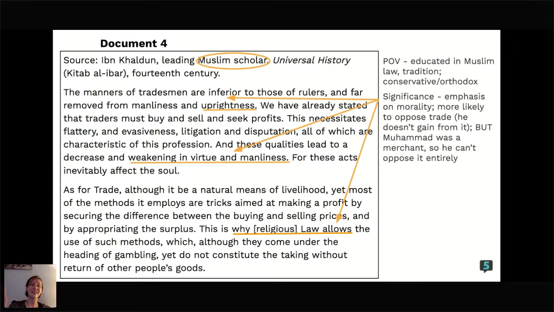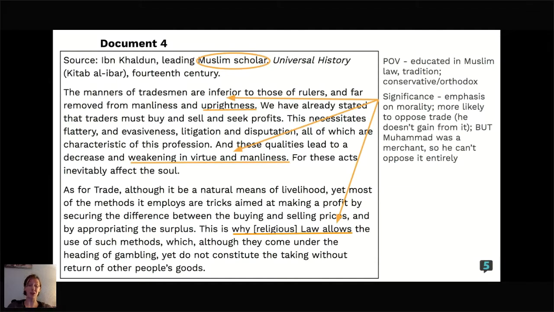But his orthodox background also means that he can't fully abandon trade and oppose it entirely, because he comes from a tradition of merchants, including the Prophet Muhammad himself. So as I'm analyzing the text of the document and relating it to this idea of change, and the change will make more sense when we look at the next document, I'm embedding my point of view into the analysis that I'm writing. That would be one way to approach this document.